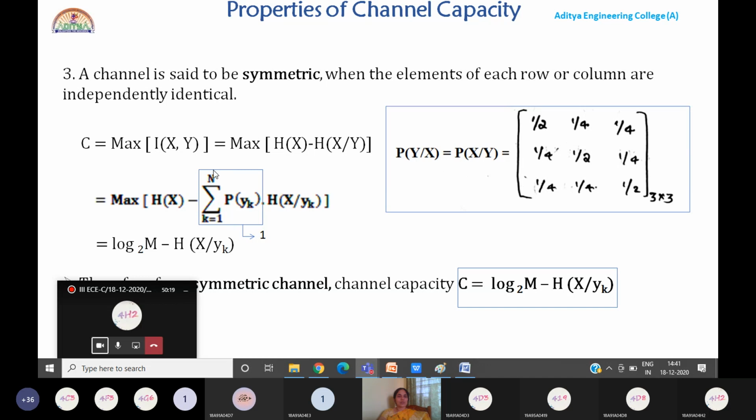The sum of all the probabilities of an event is 1. So summation k is equal to 1 to n of p of yk is 1. So maximum of H of x minus, I represented this as 1. What we did here: C is equal to maximum of I of xy, so maximum of H of x minus H of x by y.